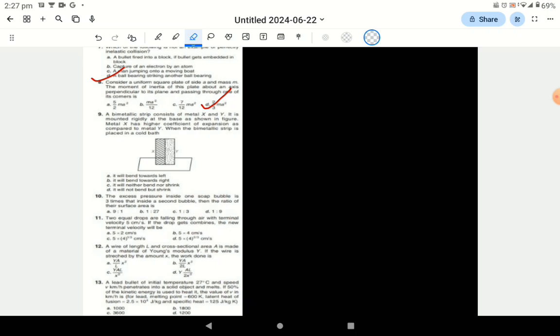Question number 9 states that a bimetallic strip consists of metals X and Y. It is mounted rigidly at the base, as shown in the figure. The metal X has a higher coefficient of expansion as compared to metal Y. When the bimetallic strip is placed in a cold bath, okay, this cold bath is important. For the cold bath, the metals will shrink.